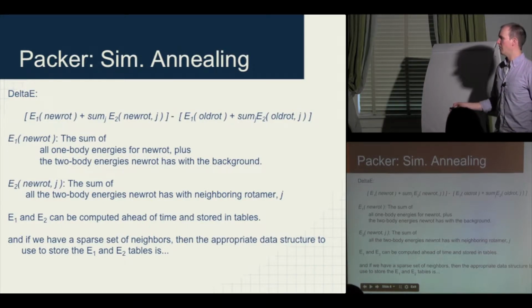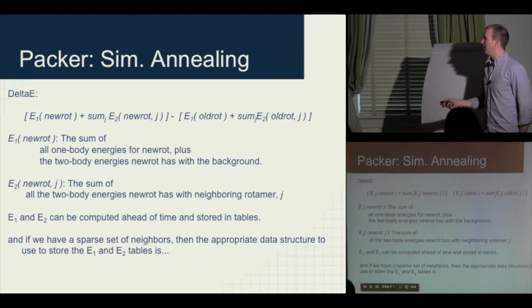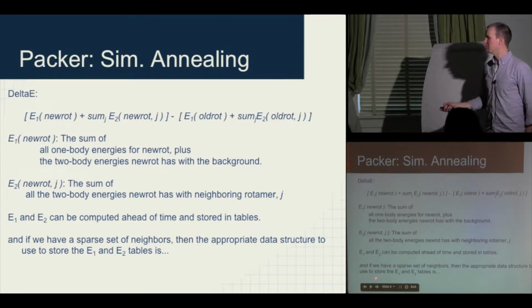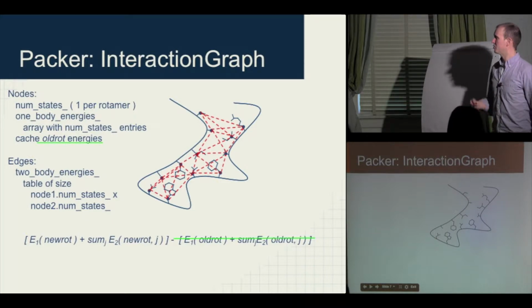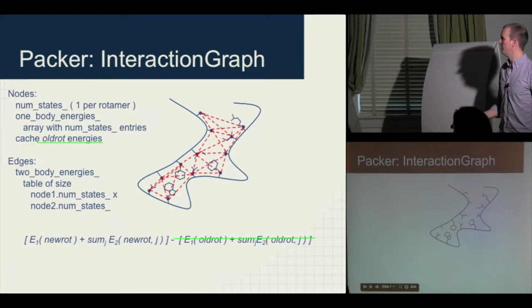If we have a sparse set of neighbors, then the appropriate data structure in which to store these E1 and E2 tables is an interaction graph.